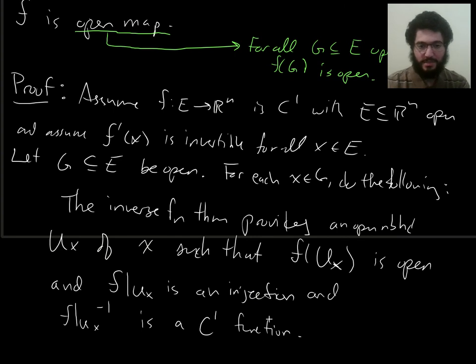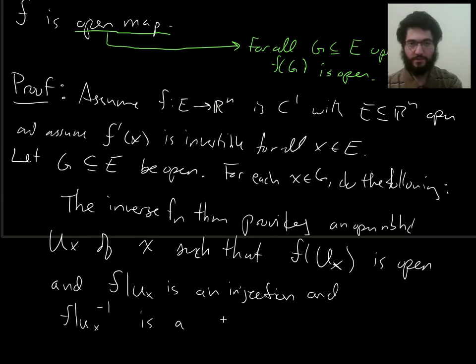So actually, I only need the continuity part of that. So let me just use what I need. C1 function means differentiable and the derivative is continuous. I just need that it's itself continuous. I don't even need differentiable.